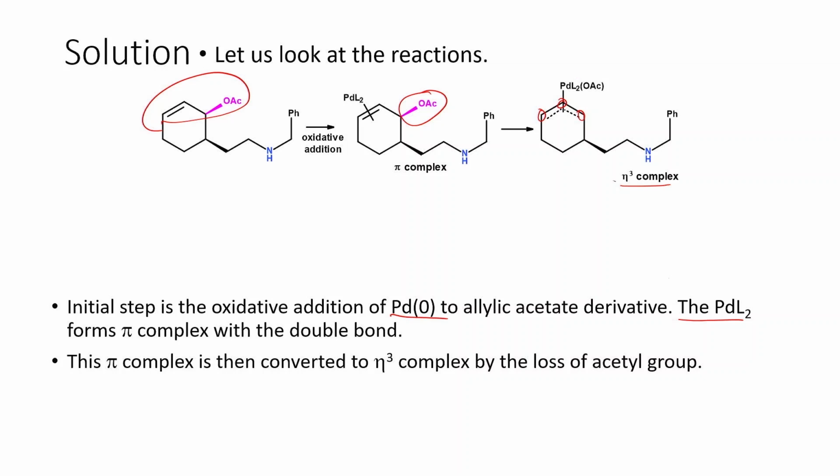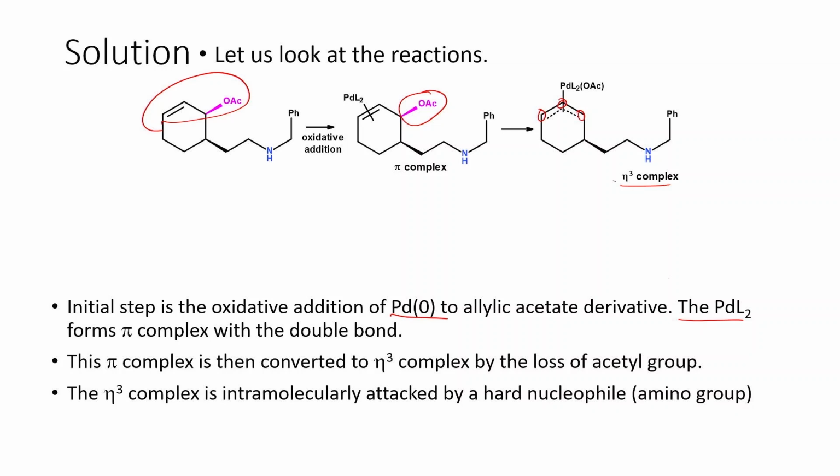Because the transition metal has vacant d orbitals, various d orbitals are present. So the lone pair of electrons from the oxygen, in this particular case either oxygen or this pi bond, that is the double bond, they also have electrons. So all these electrons can be parked in the d orbitals of the palladium metal. So that is the reason this acetyl group leaves and attaches itself to the palladium. So we end up with the eta 3 complex.